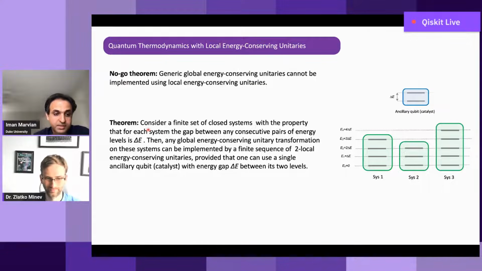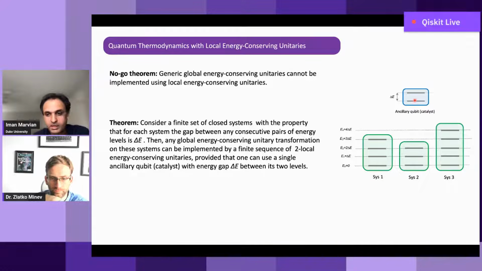So I'll just read the statement of the theorem. Consider a finite set of closed systems with the property that for each system, the gap between any consecutive pair of energy levels is delta E. Then any global energy conserving unitary transformation on these systems can be implemented by a finite sequence of two local energy conserving unitaries, provided that one can use a single ancillary qubit, which can be interpreted as a catalyst, with energy gap delta E between its two levels.